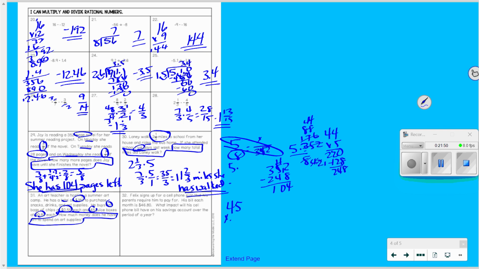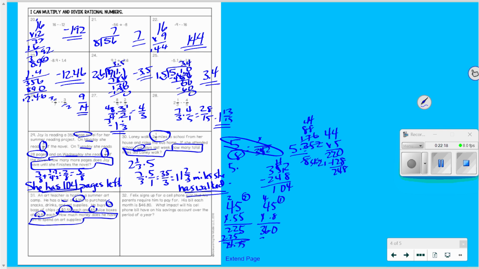45 times 55 cents at 2 decimal places gives me $24.75 on the chips, and 45 times 80 at 1 decimal gives me 36 with 1 decimal.